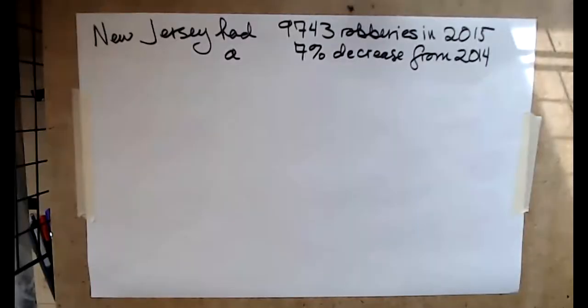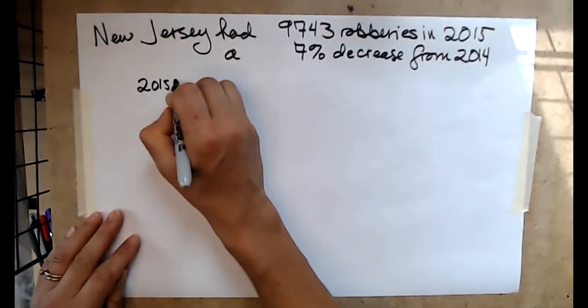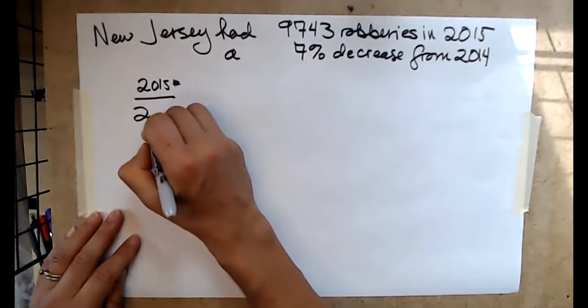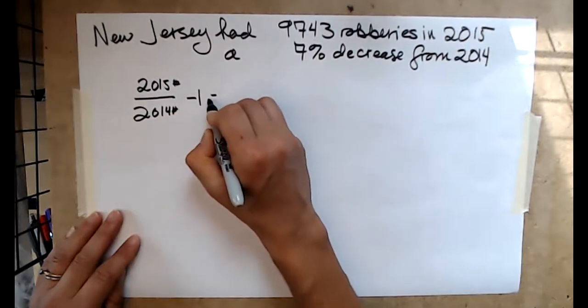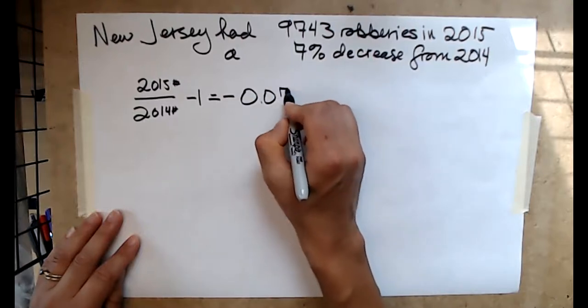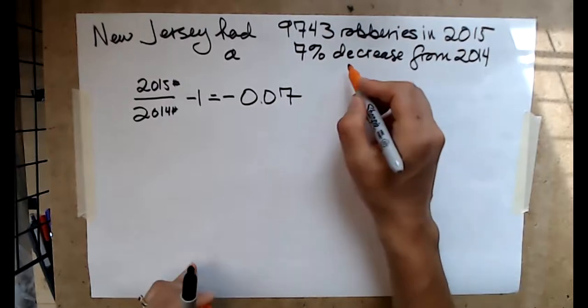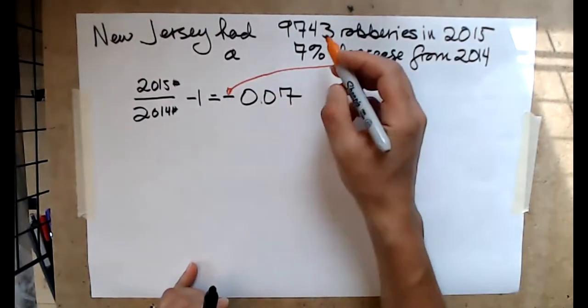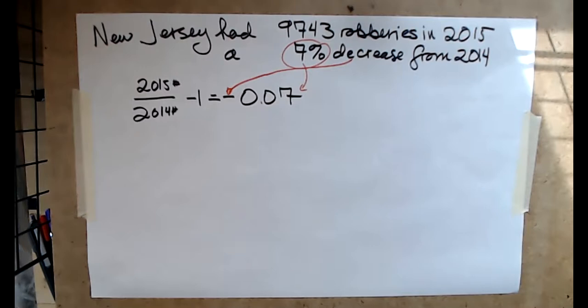So let's pick this problem up. Again, here's just a statement of the problem, and what we just said is the 2015 number divided by the 2014 number minus 1 has to be equal to negative 0.07. Negative because of a decrease, and then I take this 7% and I turn it into 0.07.